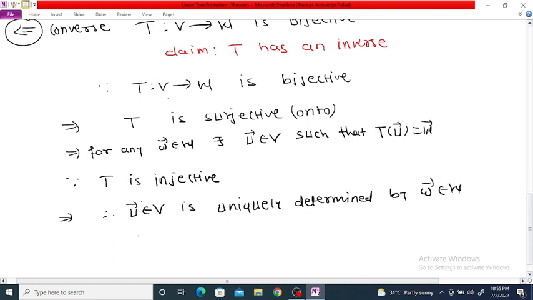Why is it uniquely determined? Because T is injective, so that's why this U bar is unique, so that T of U bar is equal to W bar.